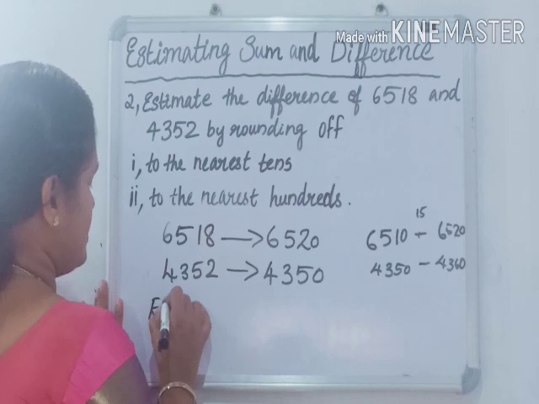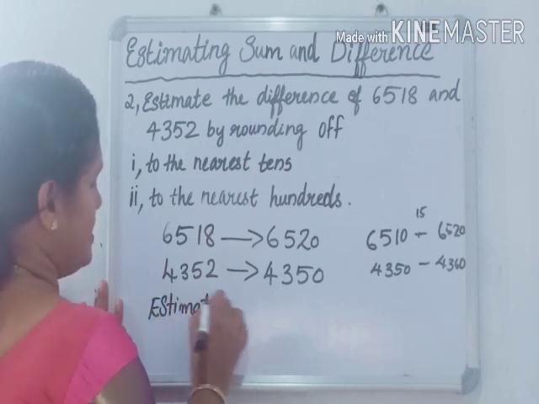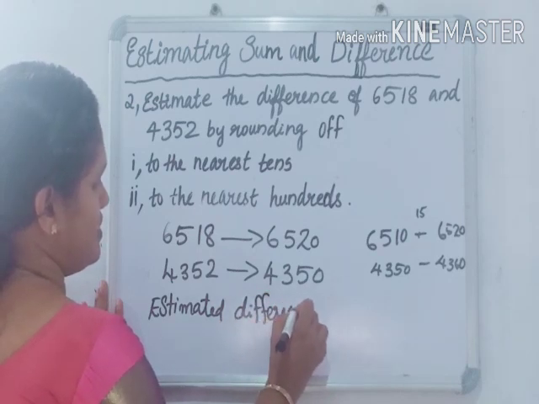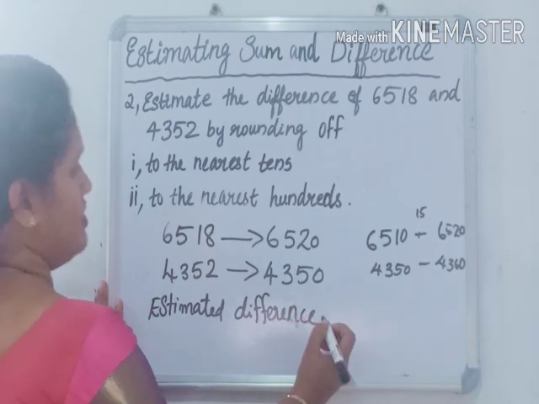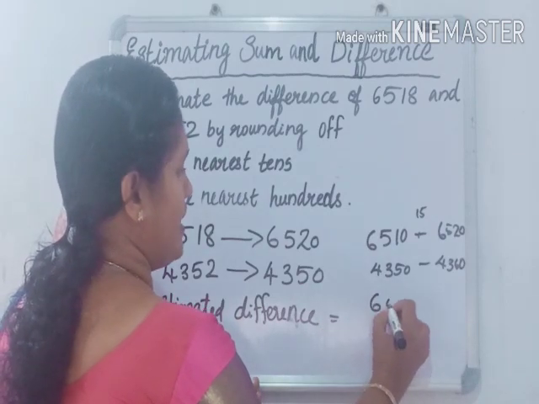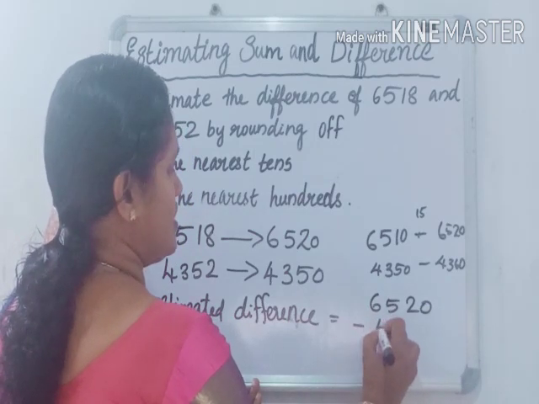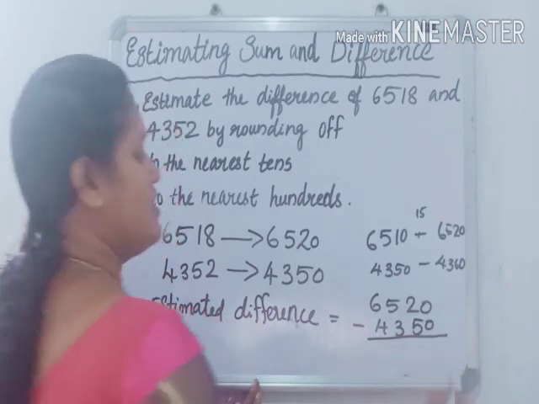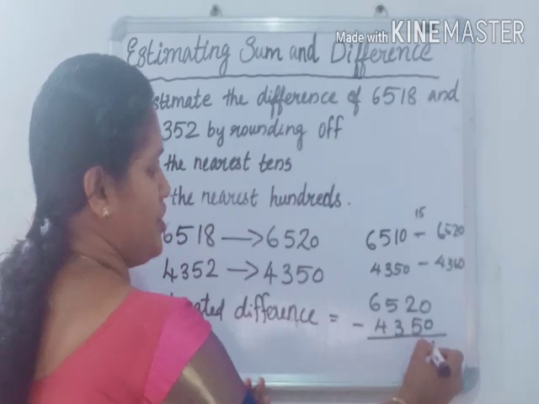Estimated difference equals 6520 minus 4350. Okay, subtract. 0 minus 0, 0.